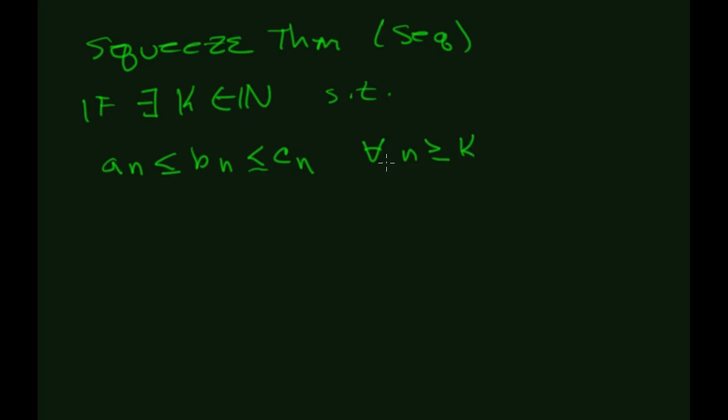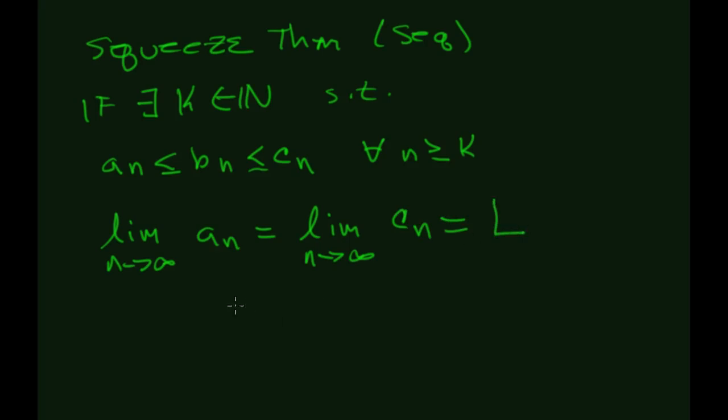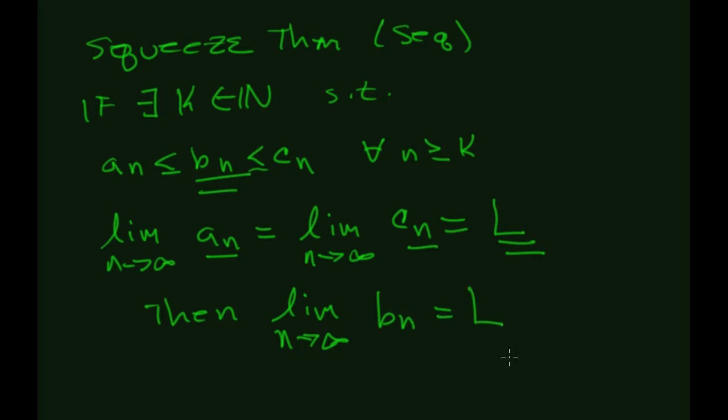And the limit as n approaches infinity of a sub n is equal to the limit as n approaches infinity of c sub n, and this is equal to that limit L, then lo and behold, if this is going to L and this is going to L, the thing that's in between them, the limit as n approaches infinity of b sub n, also has to go to L. This is not surprising.